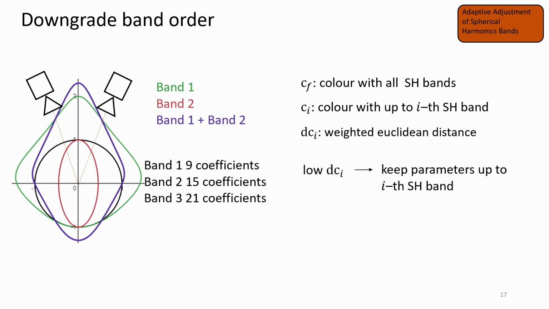And then we calculate the average distance between the two for all the training cameras. So for primitives whose color distance falls below a threshold, we can discard the higher order bands and just keep the lower ones. In that way, effectively, for this example, we could discard the red one and just be left with a green one, effectively reducing the number of coefficients we require.